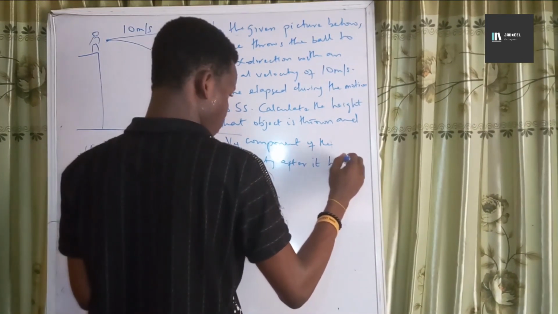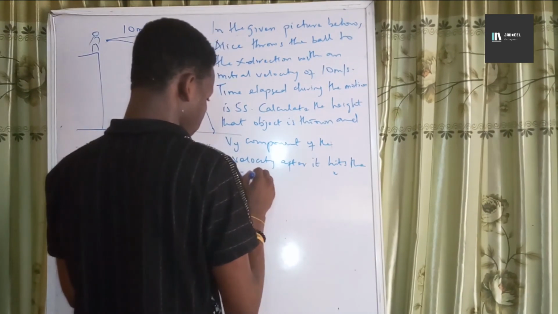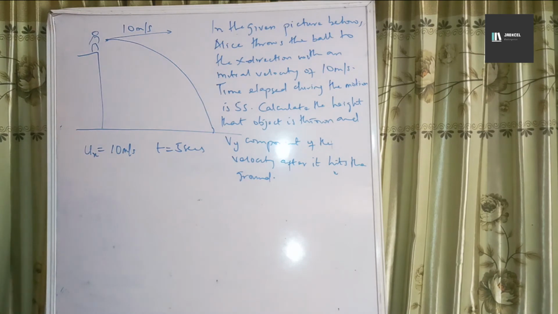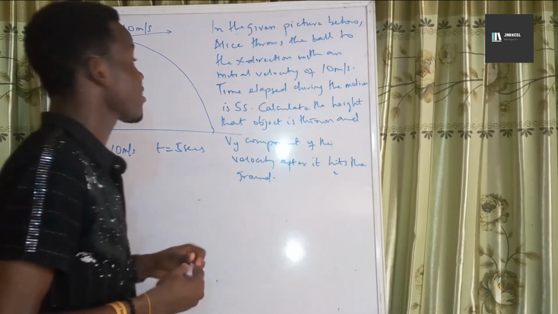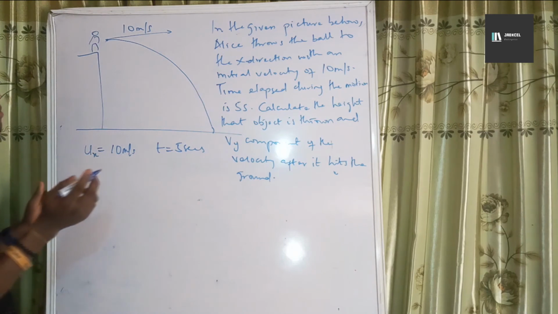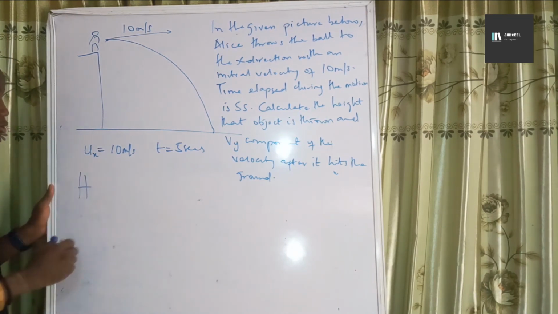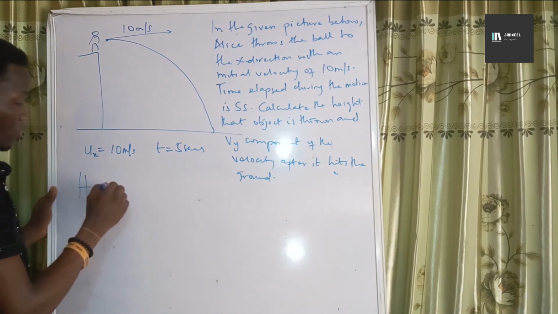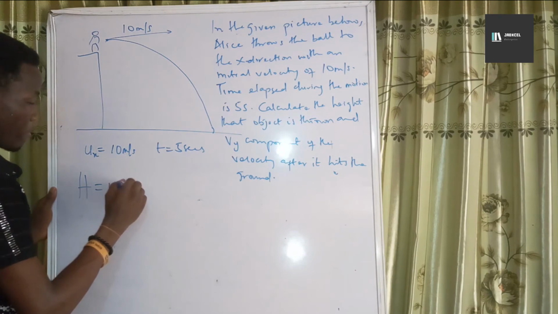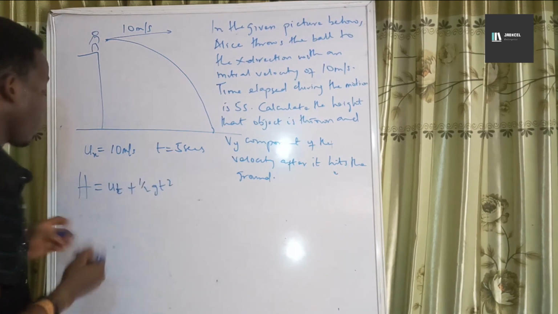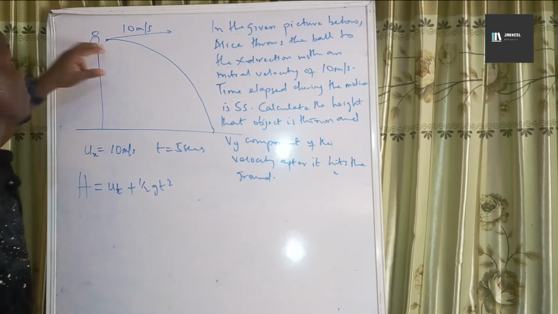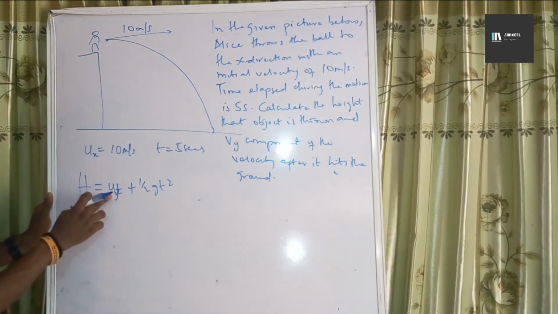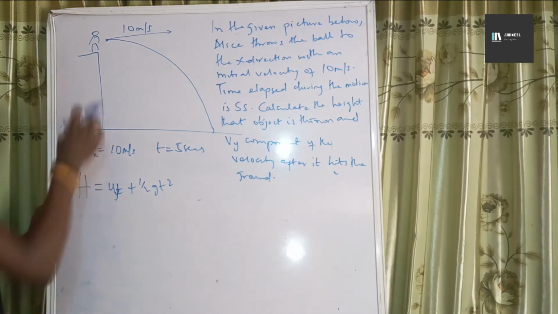The first thing they want us to get is the height. Now remember from our second equation of motion, we have h equals ut plus half gt squared. This body is falling downward, and the velocity that we were given was the horizontal, so it means that our uy is equal to 0 meters per second.